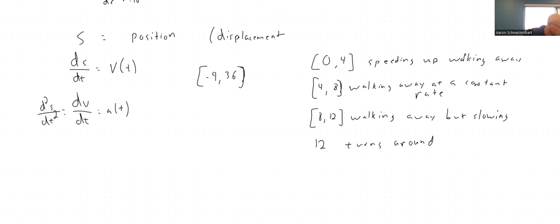I guess no, that's more like 14. This shouldn't be 12, this should be 14. And then 14 to I think 20, walking back at an increasing rate.